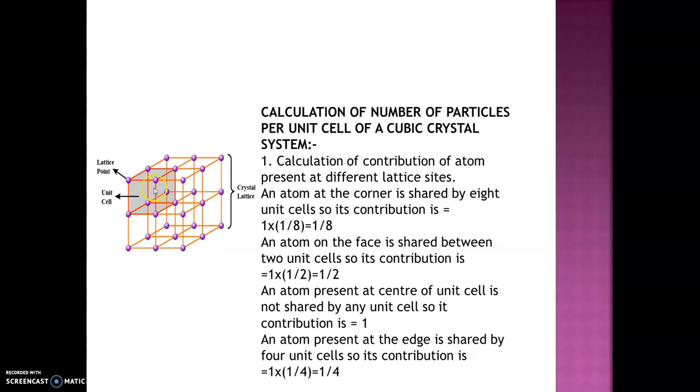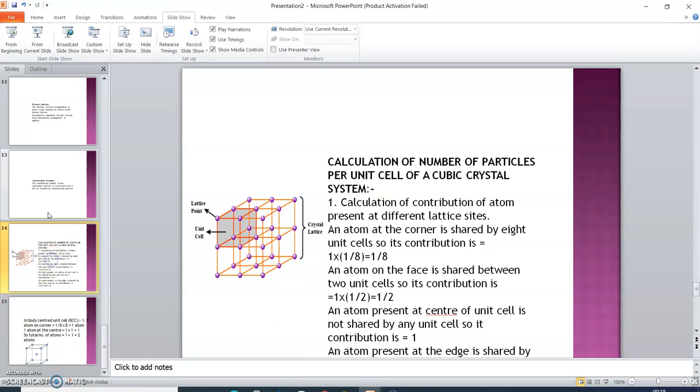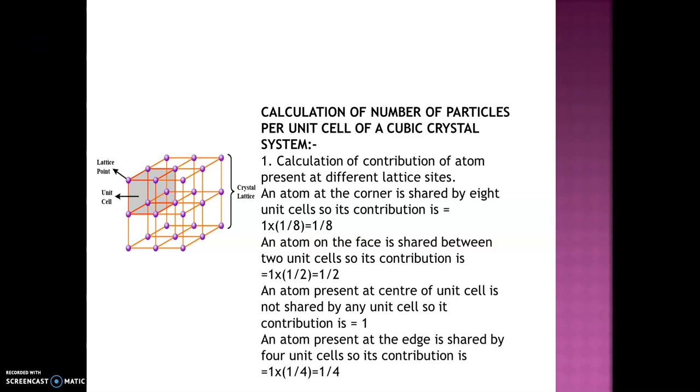And if it is on a face, we know a face is shared with two unit cells. Each face is shared with 2 unit cells, so its contribution is 1 by 2.